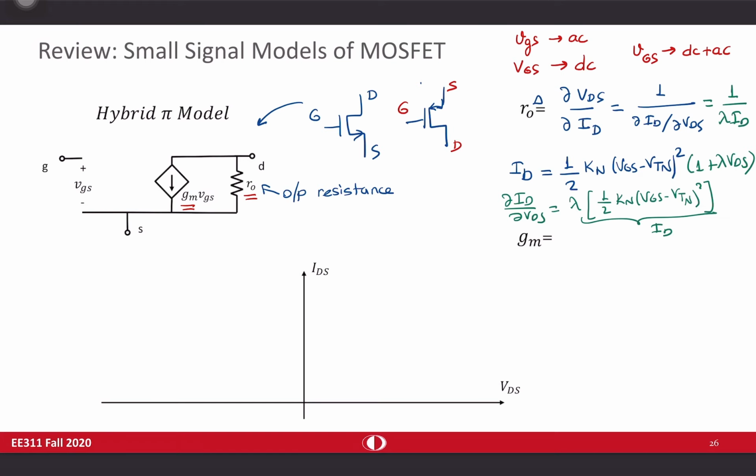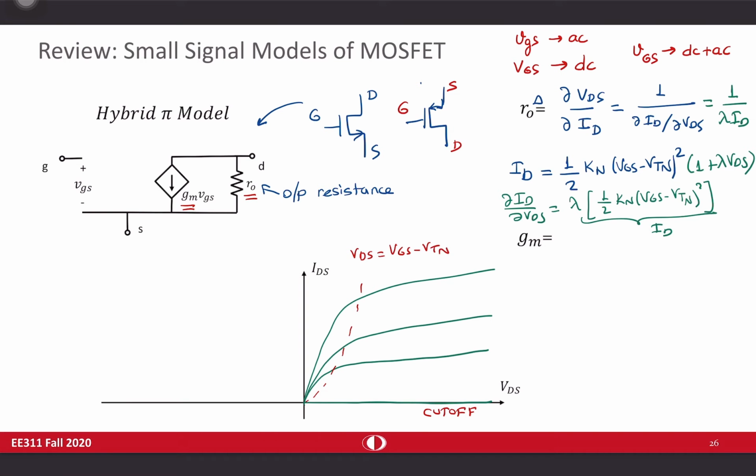Remember our famous curve. So this was our famous curve. This x-axis is cutoff, and there is some border in here, VDS equal to VGS minus VTN. So this part was named as linear, this part is named as saturation, and the slope in here is because of channel length modulation.